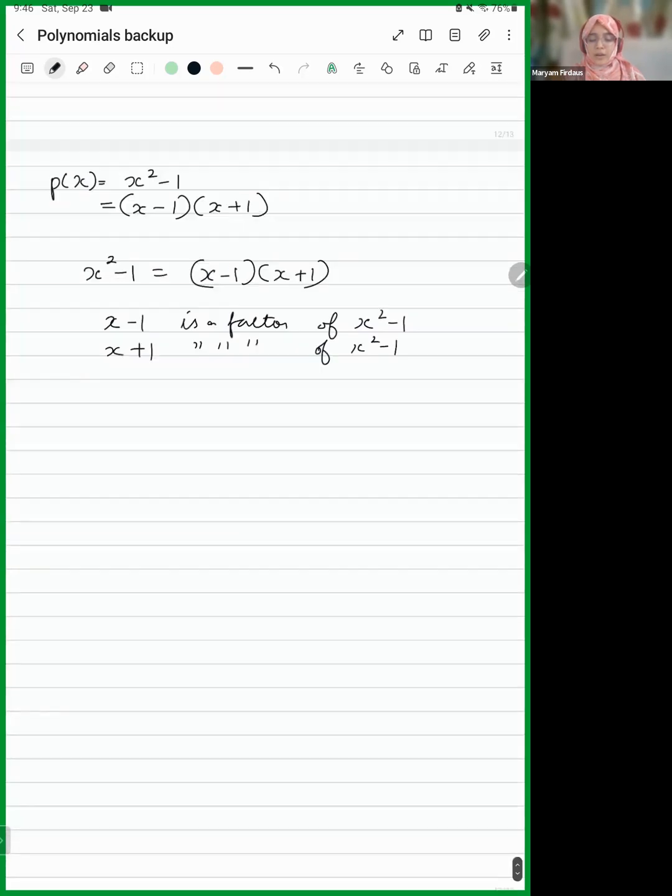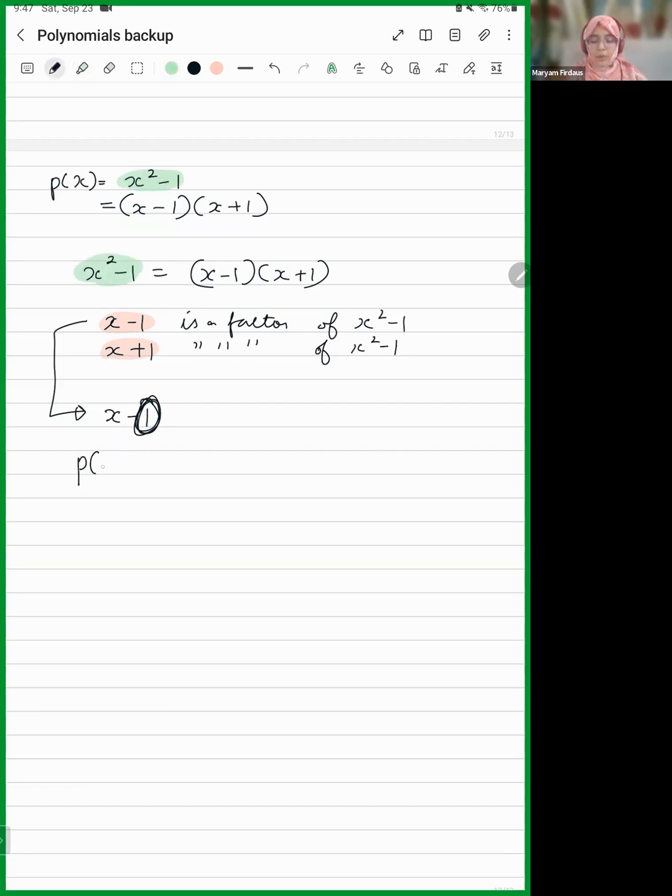Acha, now look at this carefully. Now tell me, from the first factor, x minus 1 is a factor, right? So let's put 1 into your p of x, which is x square minus 1. So let's put 1 into p of x.